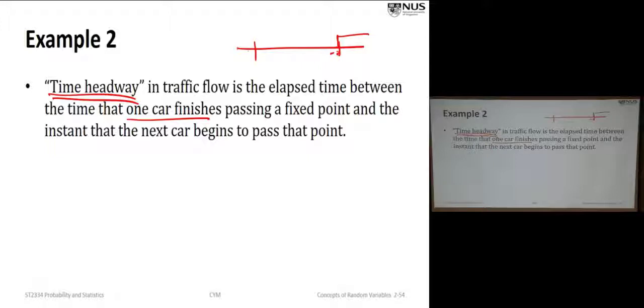On the safe side, do you know? Can it be 0? Unless you hit the car. It just passed and then no time, then you pass the same point. That means you kiss the backside of the front car. Can it be 0?